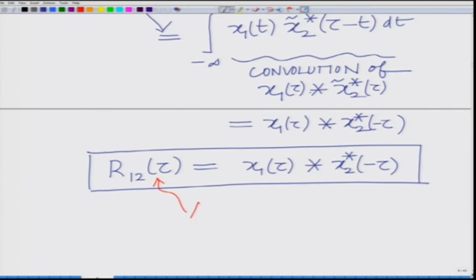Remember, this is the correlation of x1(t) and x2(t) corresponding to a lag of tau. This is the correlation function of two different signals x1(t) and x2(t) for a lag of tau.